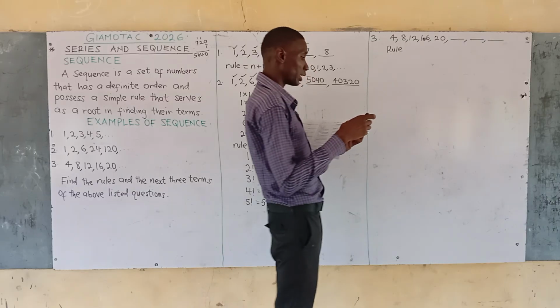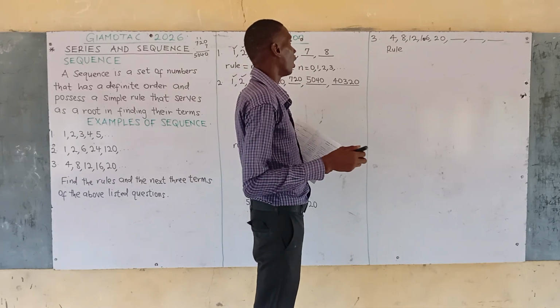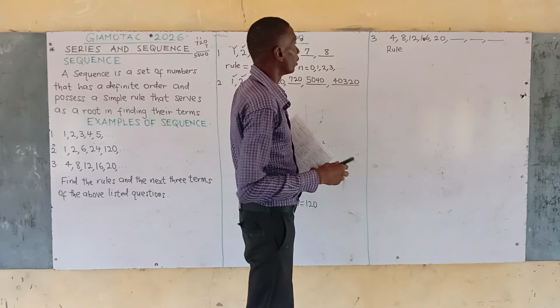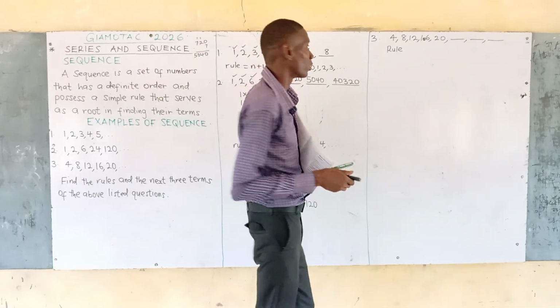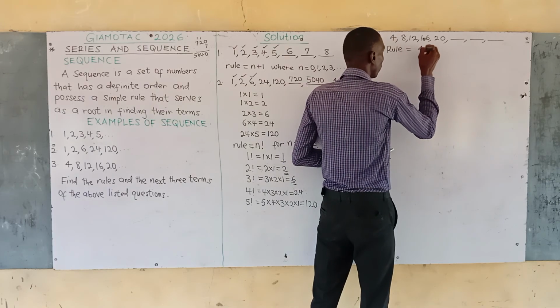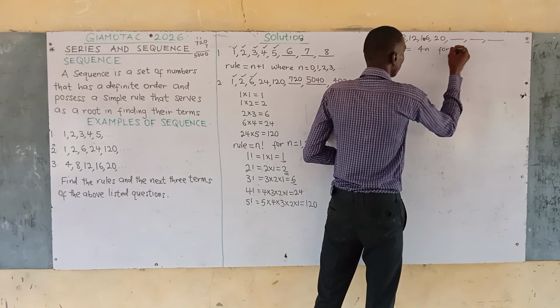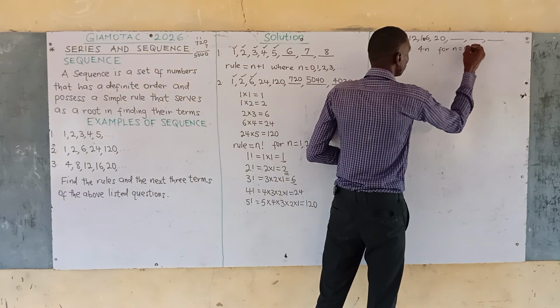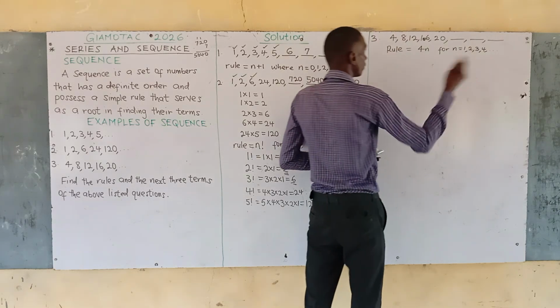Look at it very well. You will see that this is a multiplication table of 4, which implies that our rule is simply 4n, n is equals to 1, 2, 3, 4, and so on.